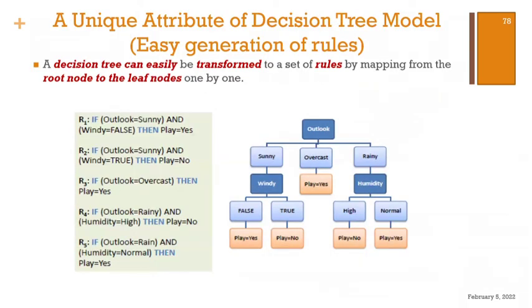So another unique thing I would like us to note about this interesting algorithm is the concept of being able to easily generate rules from your decision tree model. See, people see it as an advantage of decision tree. That's why many people like it.